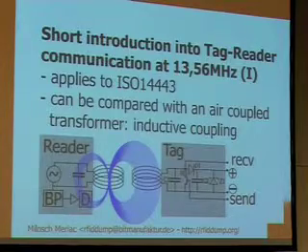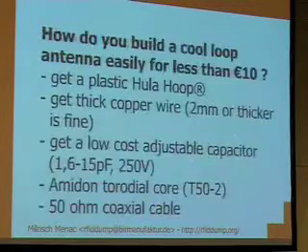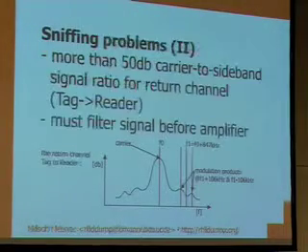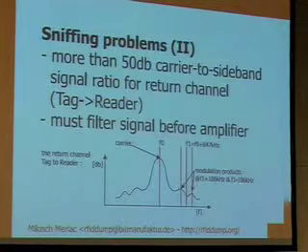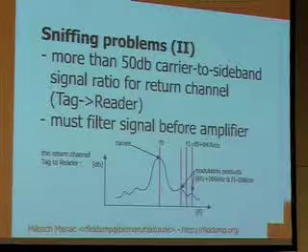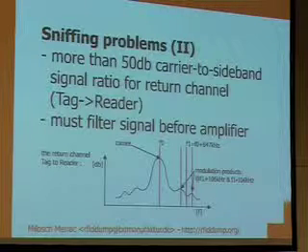The resulting signals look like this. If you add this 800 kilohertz, you get two sidebands, which you can see on the reader side, of center frequency F0 and this 847 kilohertz.